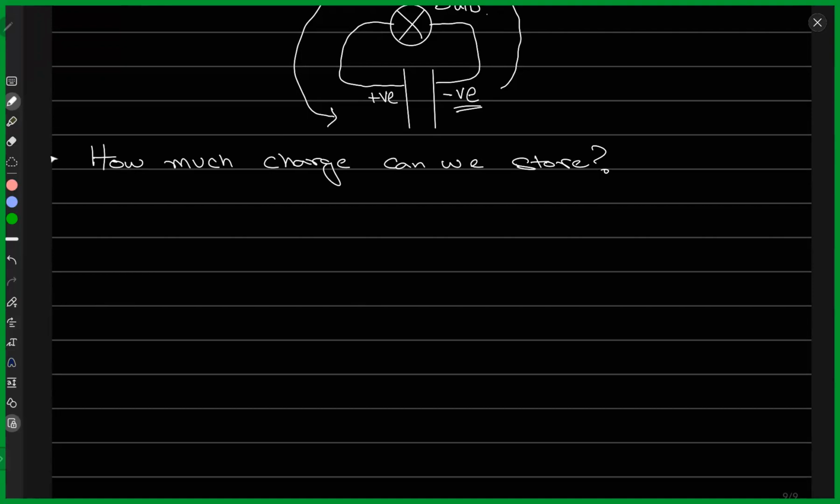Okay, so the answer to this question depends on multiple things. One of the things it depends on is the type of capacitor, right? So what material capacitor am I using? So it depends on the type of capacitor.